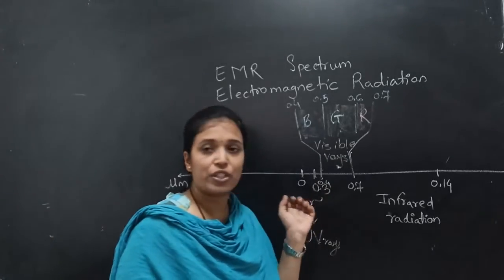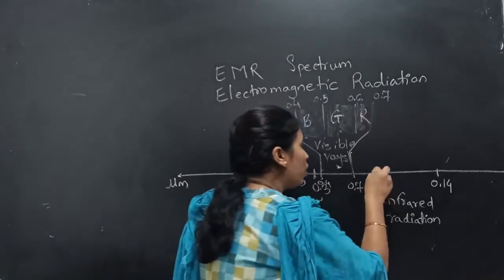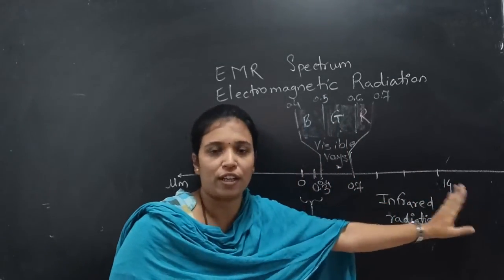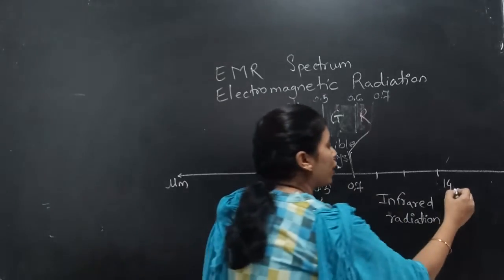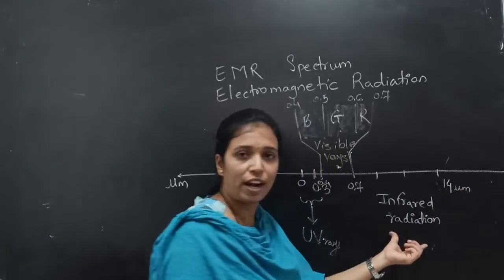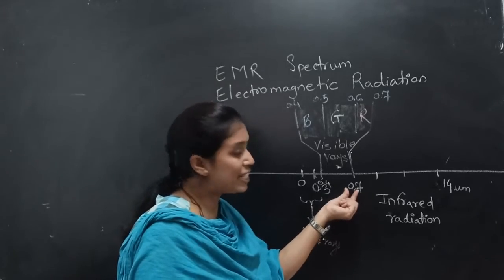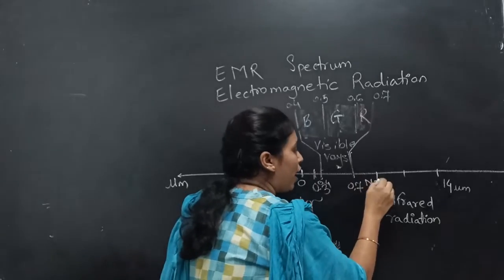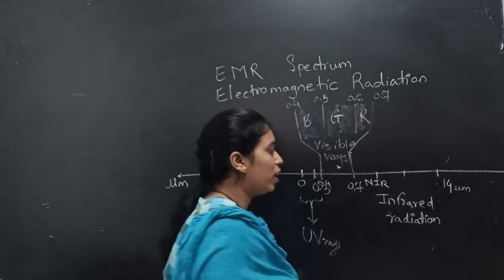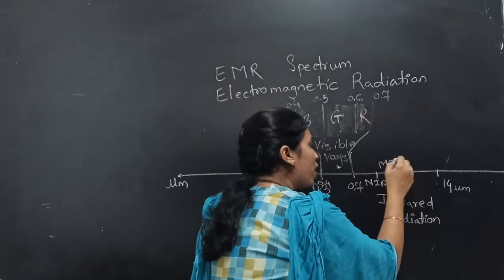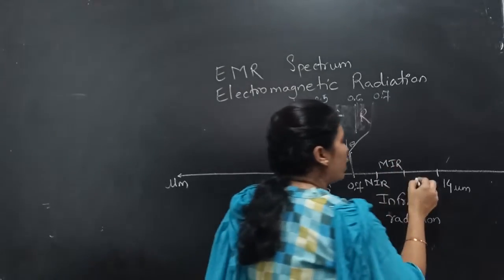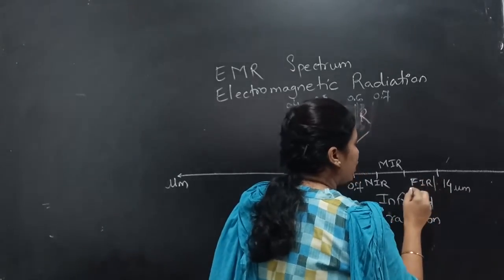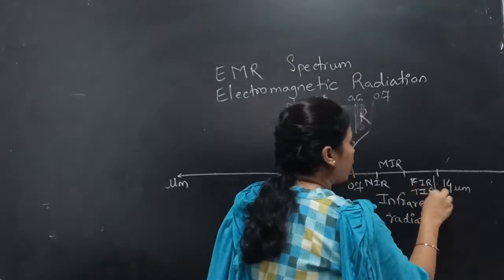These infrared radiations are again divided into, out of which from 0.7 lies the near infrared, NIR. Then middle infrared, and the last one is far infrared, or you can call it thermal infrared.